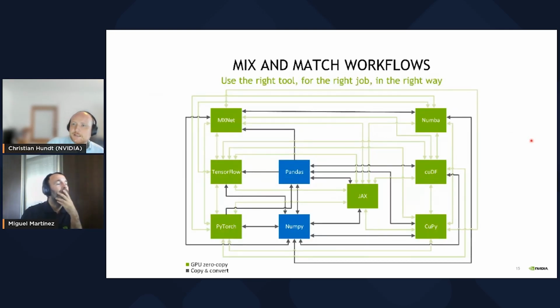Exactly. Here you see a graph. The nodes in that graph are the boxes, either in green or blue. Whenever it's green, it's in a GPU-accelerated framework, such as TensorFlow, or if it's blue, it's a CPU-based framework, such as Pandas. And the edges in between those nodes are the conversion paths, how you could pass data from one framework to another. Whenever it's green, this is a zero-copy edge, and that means that we can pass data even without copying.